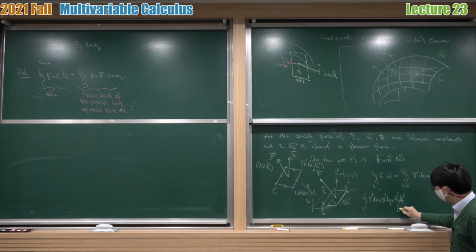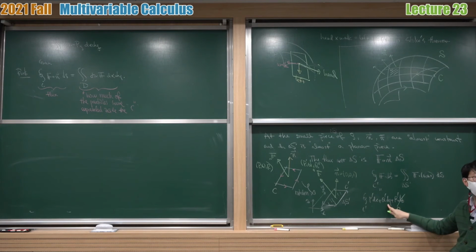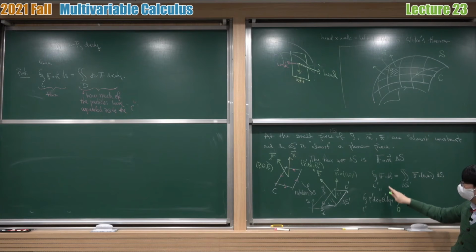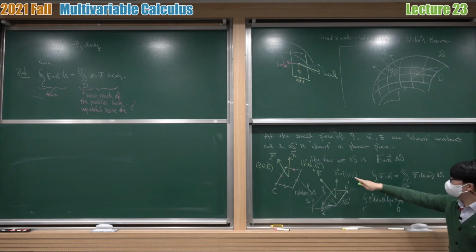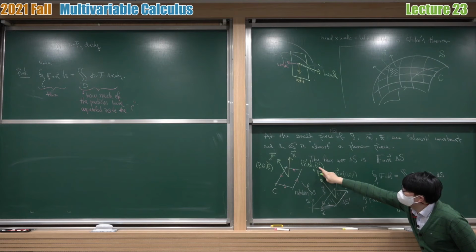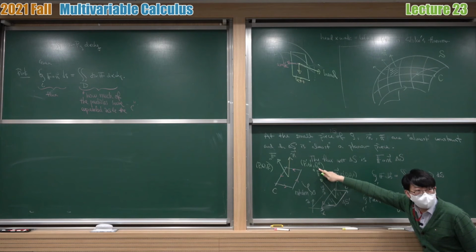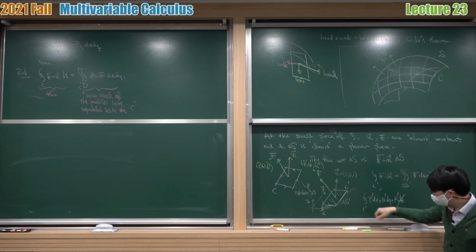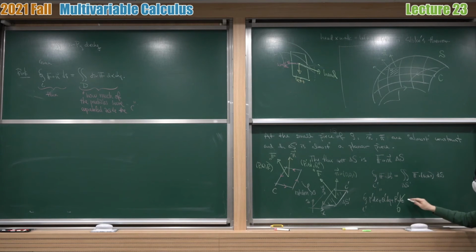So this is 0. So we only have p prime and q prime. So this is equal to the line integral as if you have a vector field whose third component is 0, okay? So this is equal to the line integral of p prime, q prime, 0 ds. All right, so that's the left-hand side.